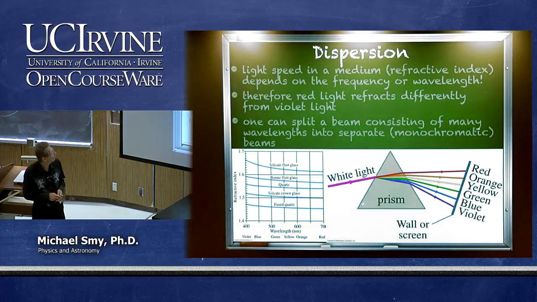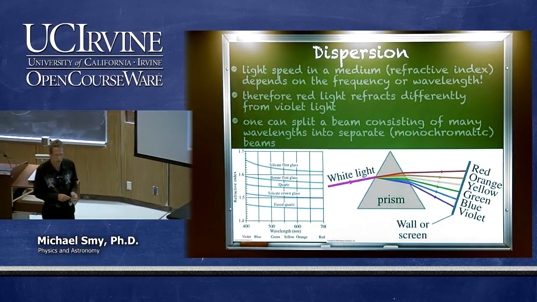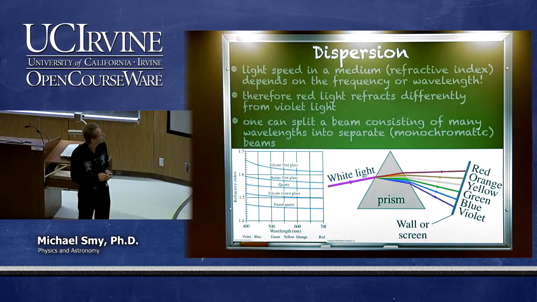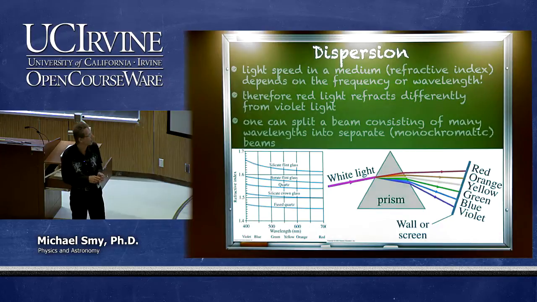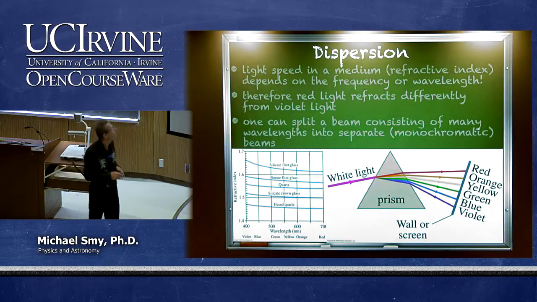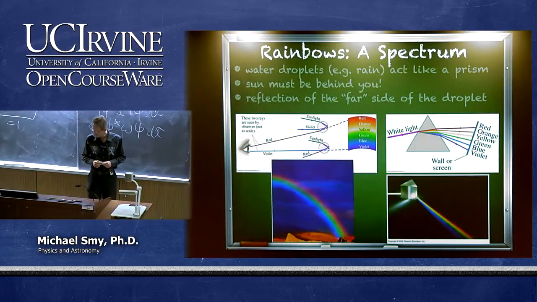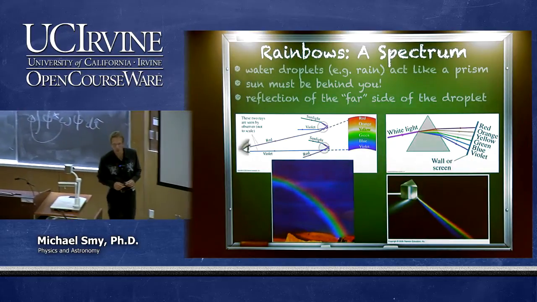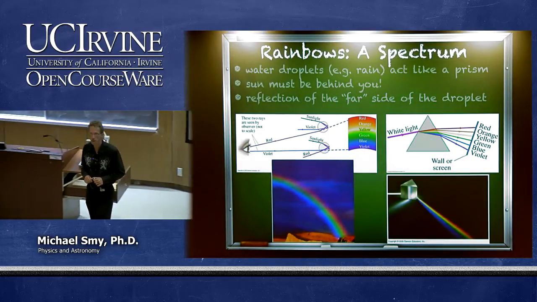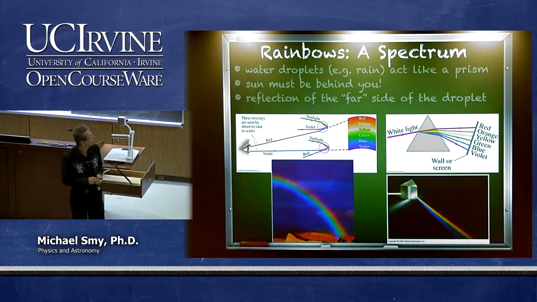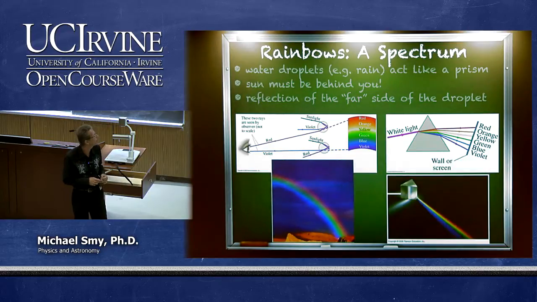And if we actually make two surfaces at an angle, and that is then called a prism, we can split light of many colors, or of many wavelengths, I should say, into separate beams which have only one color. So that is also called a spectrum. And a typical example for such a spectrum is a rainbow. In the case of a rainbow, there's no prism, but we can replace a glass prism, a picture of that, for example, is shown here, with droplets of water.